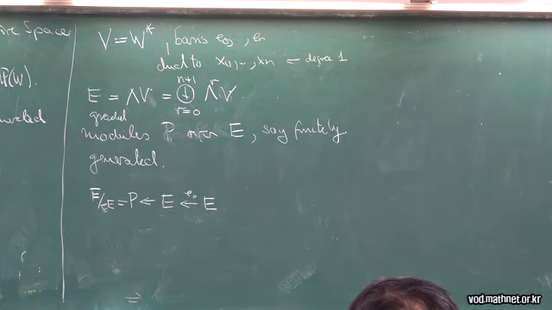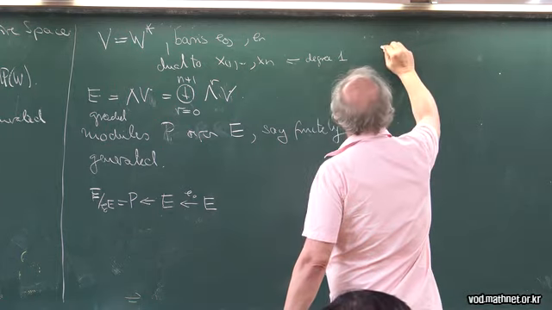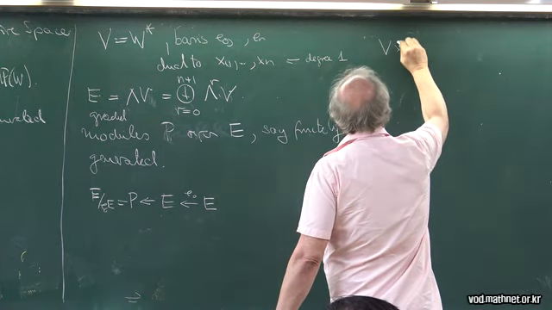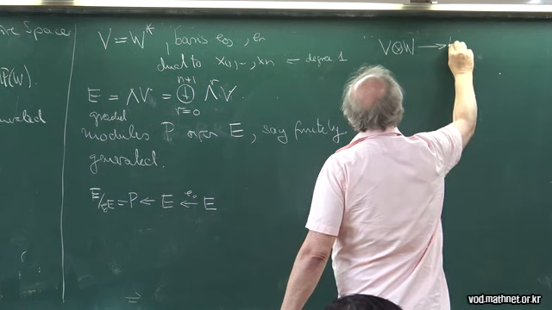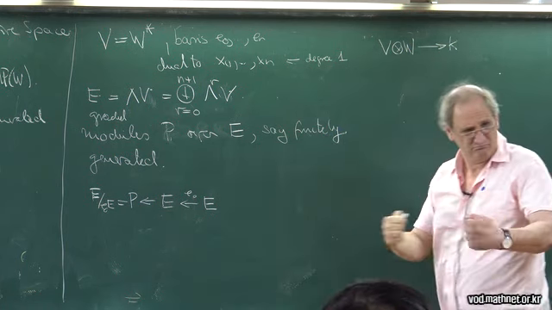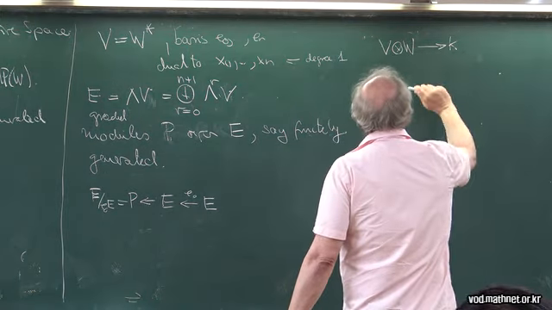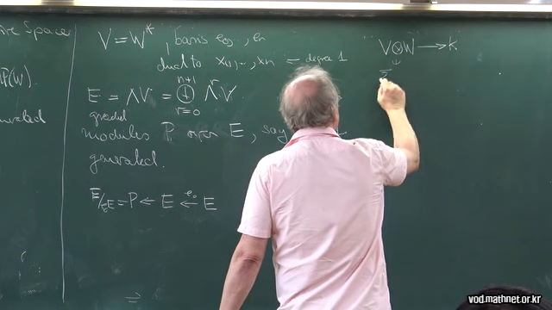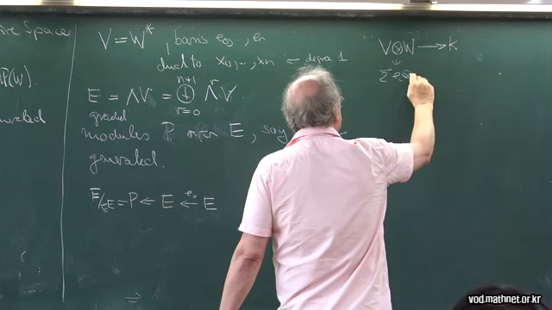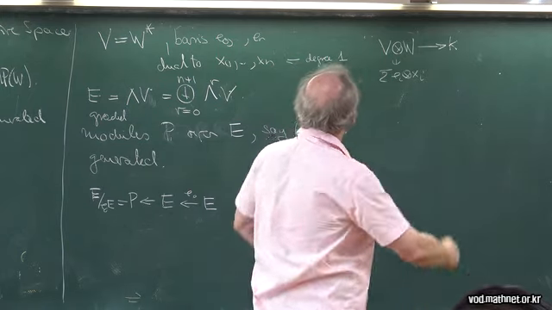Of course, I have the map from V tensor W to k, which is just contraction. Or I have also the map in the other direction, the trace. Inside here I have the sum over the ei tensor xi, which corresponds to the identity.